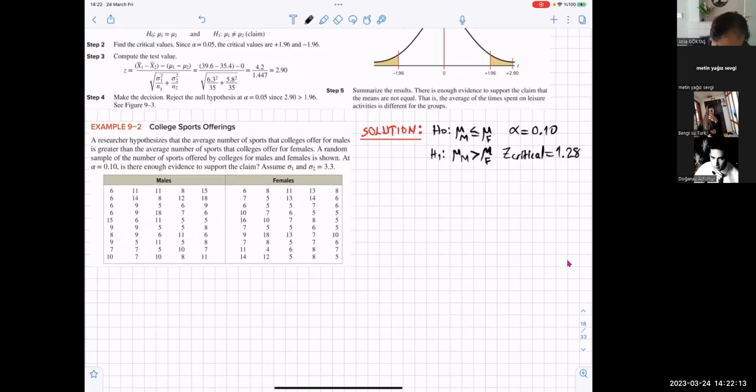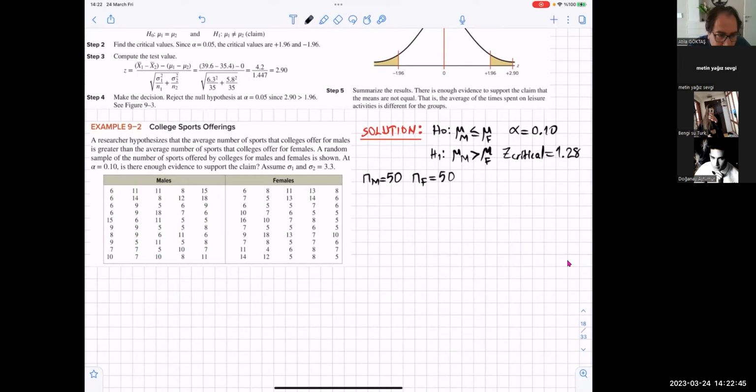What else do we have? You need the sample size for each group. Let's count: 1, 2, 3, 4, 5, 6, 7, 8, 9, 10. I have 10 in each column, and 5 columns, so n male equals 50, and females is also 50.